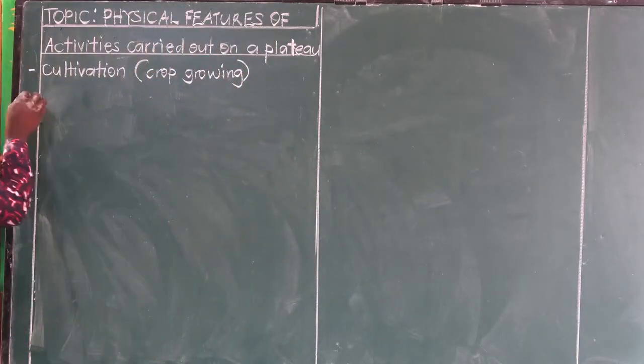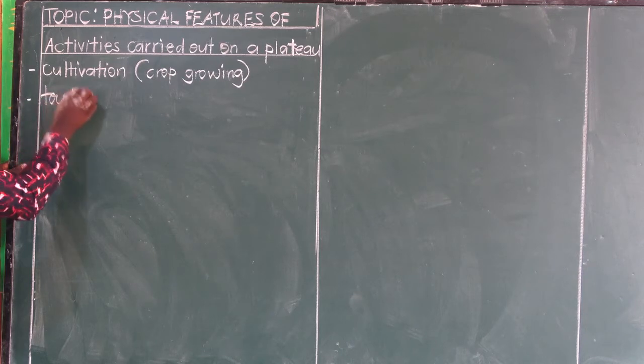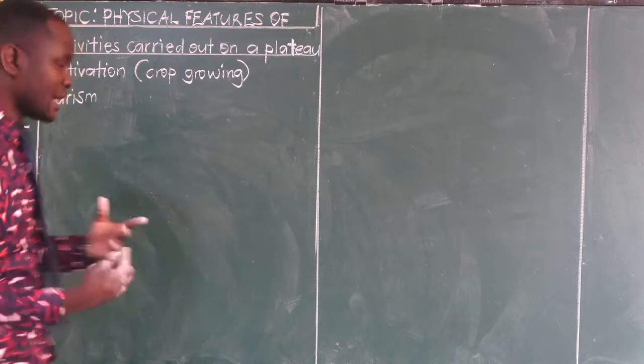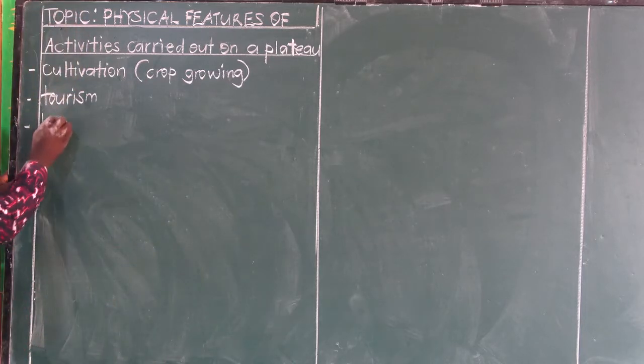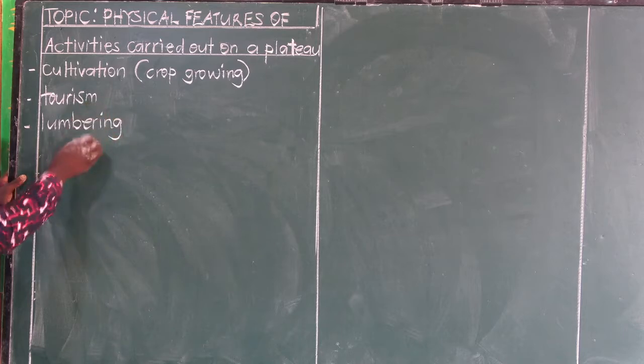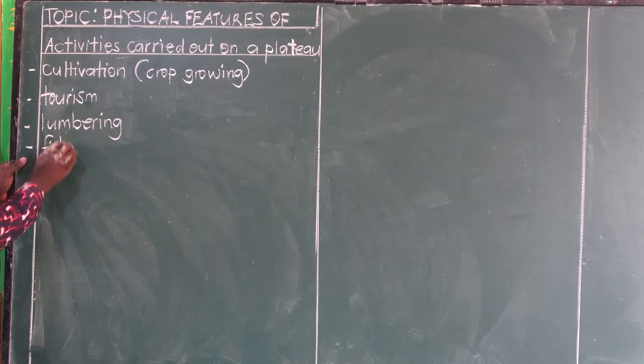Then because of this, we also have tourism. This plateau can have some forests that can support lumbering, so lumbering also becomes possible. It can have some water bodies, meaning fishing can be possible.